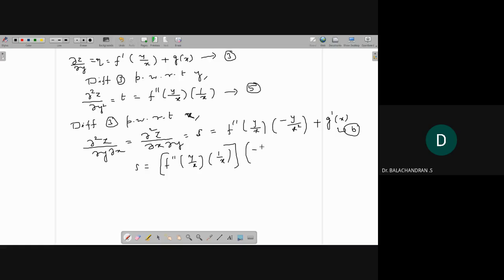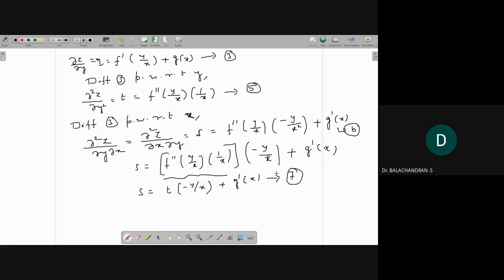Remaining is minus y by x. If I multiply these two, you will get this plus g dash of x. So this is nothing but t. So s is equal to t into minus y by x plus g dash of x. I call this equation number 7.